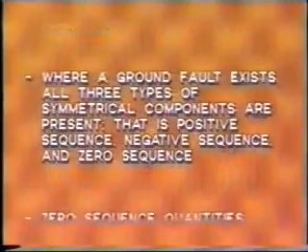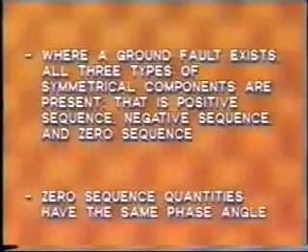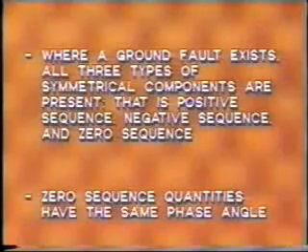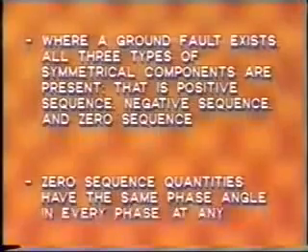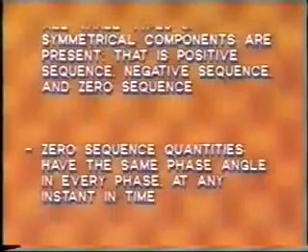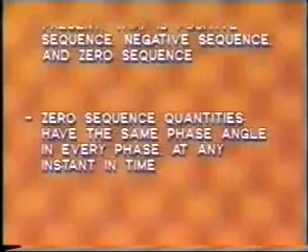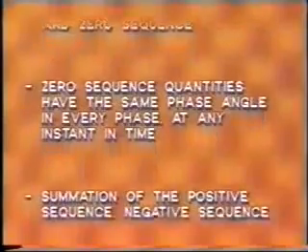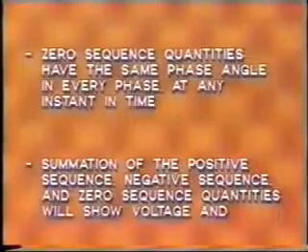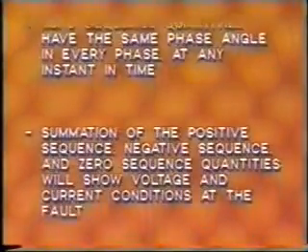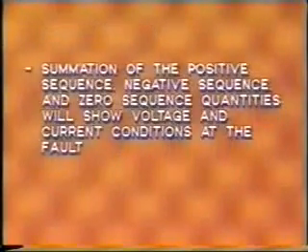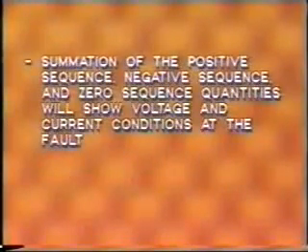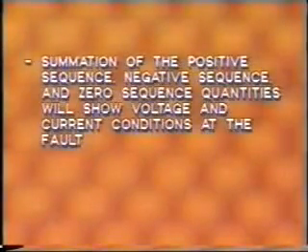Where a ground fault exists, all three types of symmetrical components are present. That is, positive sequence, negative sequence, and zero sequence. The zero sequence quantities have the same phase angle in every phase at any instant in time. Summation of the positive sequence, negative sequence, and zero sequence quantities will show voltage and current conditions at the fault.